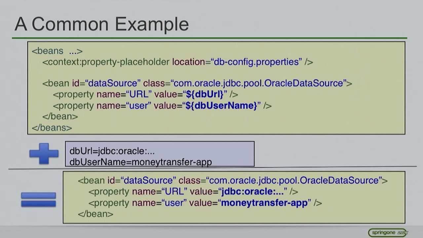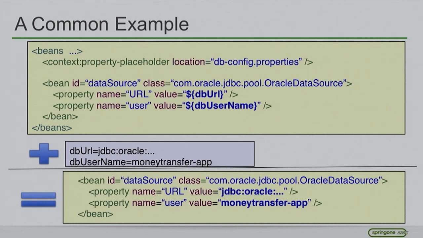So we see db_url really maps to an actual path, which is the path to the database. So what happens with the property placeholder configurer? It swaps out that variable pattern with the actual value associated with it that's found in that properties file that's been configured. Okay? So that's one very, very common example of a bean factory post-processor.